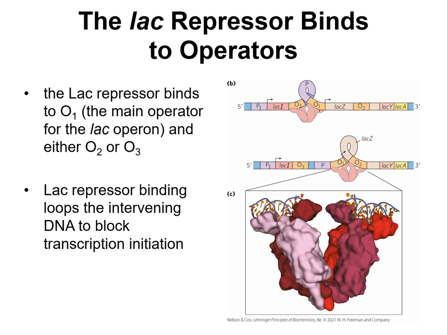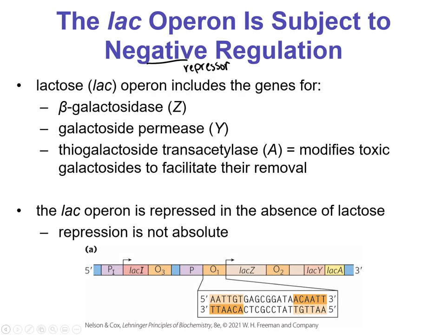So when you see the little feet of the lac repressor, it brings together these pieces of DNA that normally wouldn't be closer together. Now, I hate going backwards in slides, but I think that it is important to do so here. Notice how when we lay everything out in a row, you've got the main operator here, O3, O2.